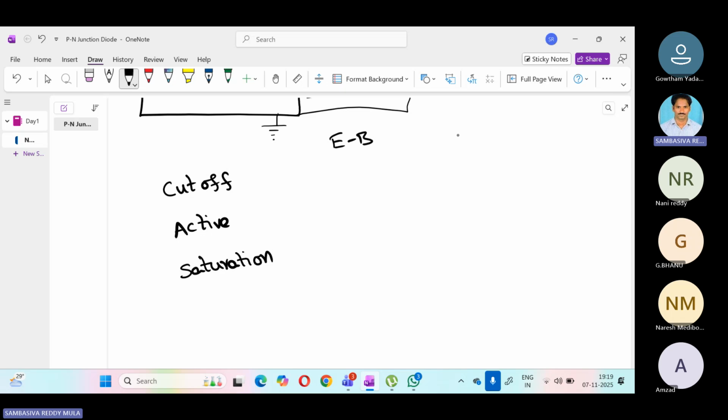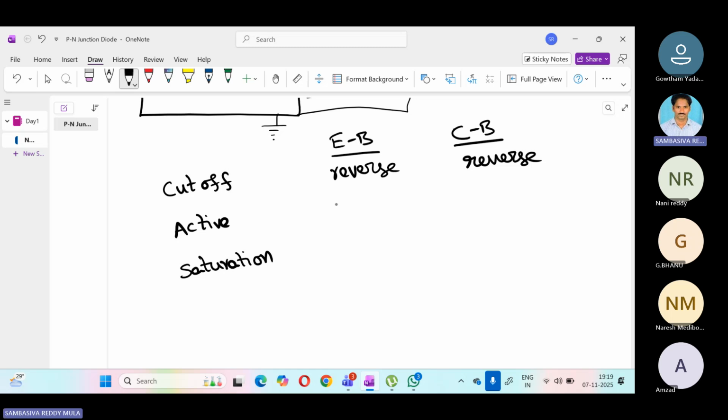Based on this external DC voltage only, the transistor will be in the cutoff region, active region, or saturation region. Cutoff means off state. When emitter to base is reverse biased and collector to base is also reverse biased, then the transistor is said to be in the off state or cutoff region.